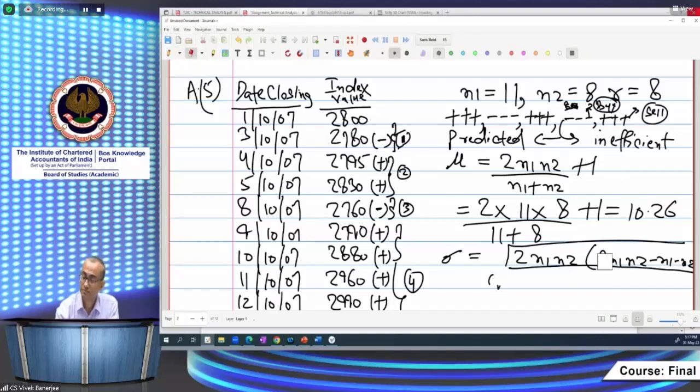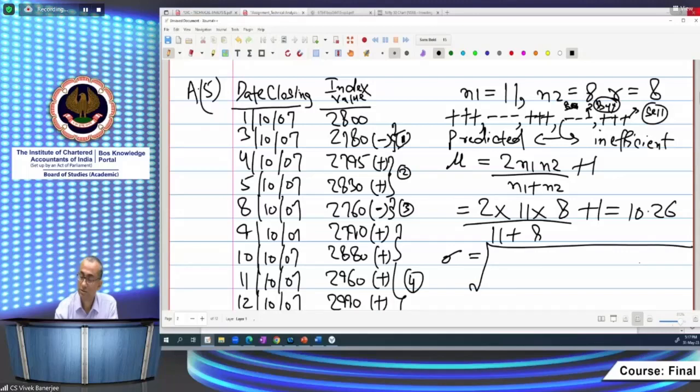Standard deviation is equal to under root of 2n1n2 multiplied by 2n1n2 minus n1 minus n2, divided by (n1 plus n2) square, multiplied by n1 plus n2 minus 1.